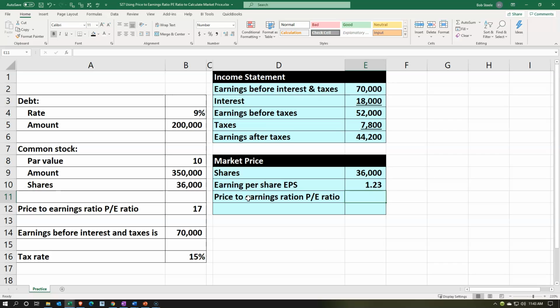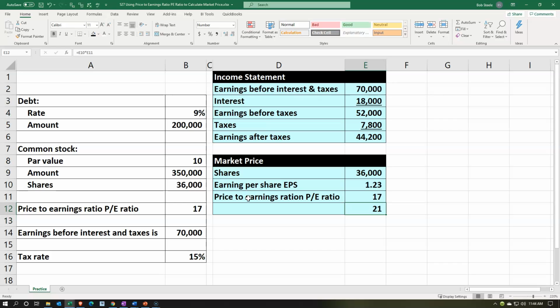But we can represent the market price based on something that's internal, and you would think the market price would be in some way related to the earnings per share. So we got the earnings per share at the 1.23. We're going to say that the PE ratio is 17, which means that if the earnings per share were the 1.23, then this will be equal to the 17 times the 1.23.